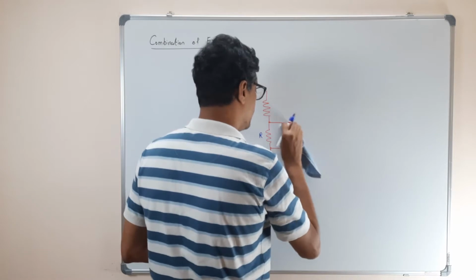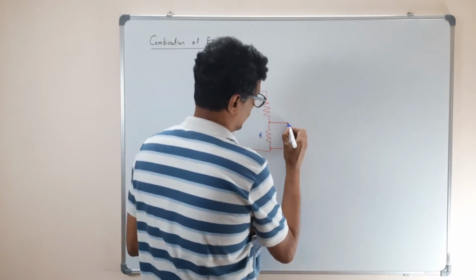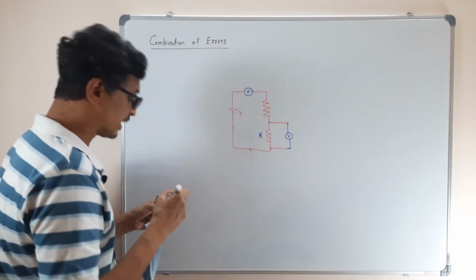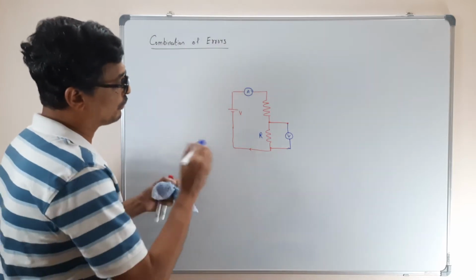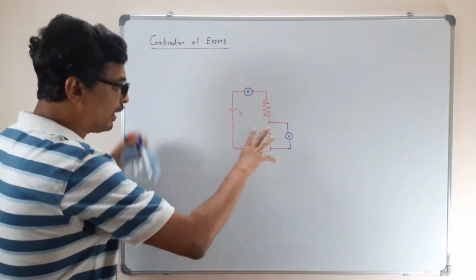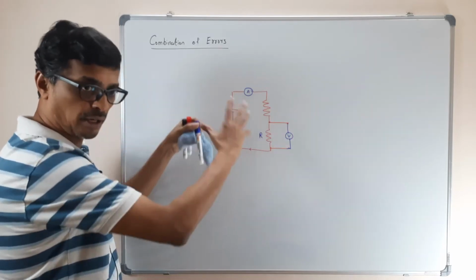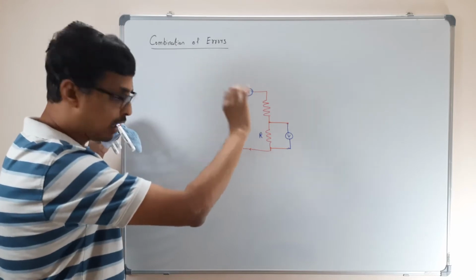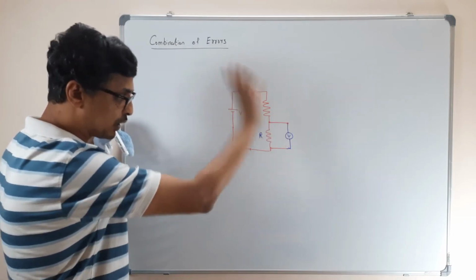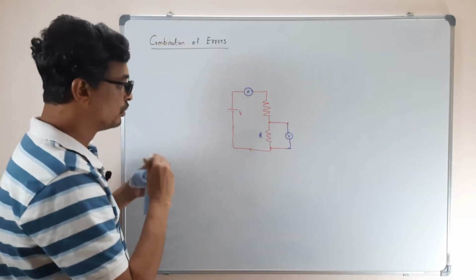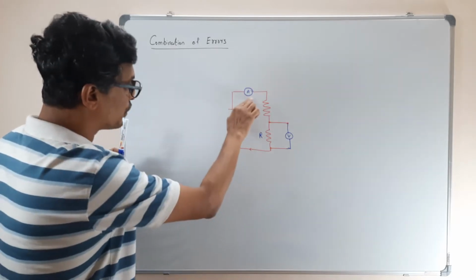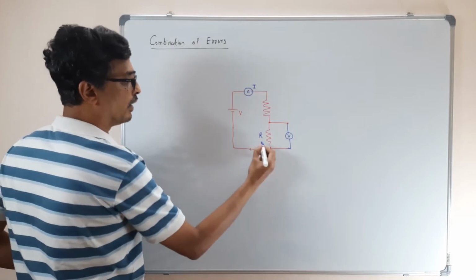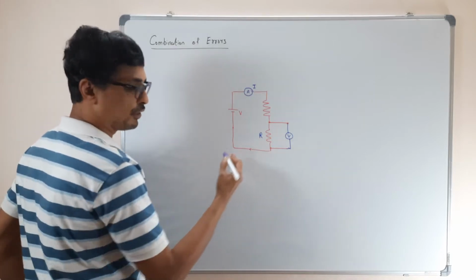So we will have something like a voltmeter. Let us consider a case. Suppose I don't know this resistance, and I want to find out the voltage across this resistance. All I know is the ammeter is going to give me the current and the resistance I know. So I have to find out the voltage.